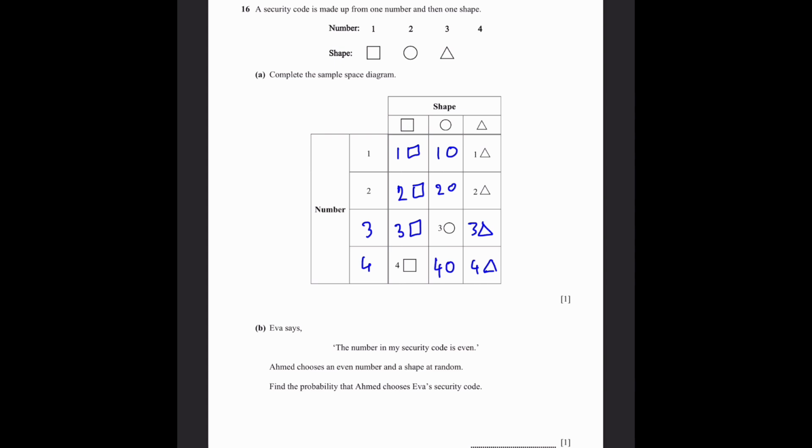B. Eva says the number in my security code is even. Ahmed chooses an even number and a shape at random. Find the probability that Ahmed chooses Eva's security code. So probability of even number being chosen, that's equal to 2 by 4. So 2 by 4 is 1 by 2.